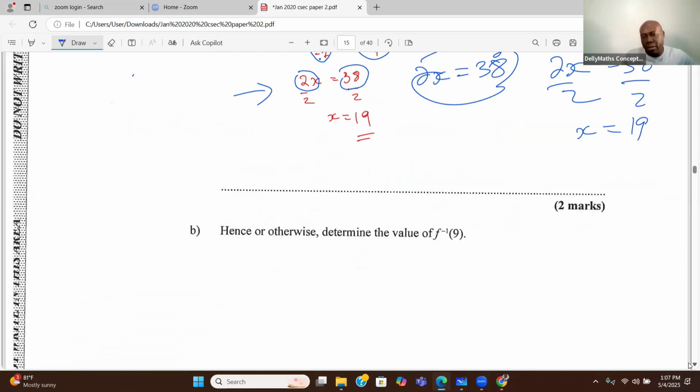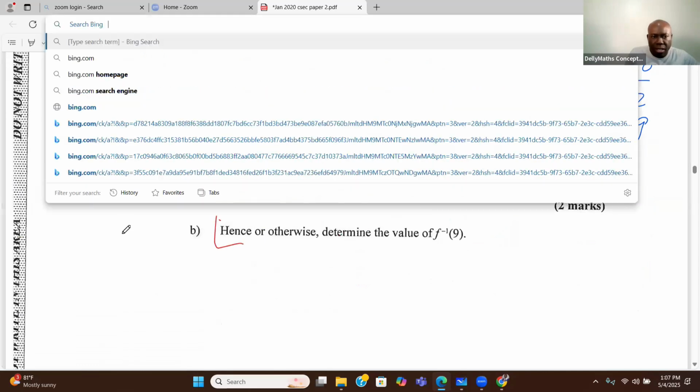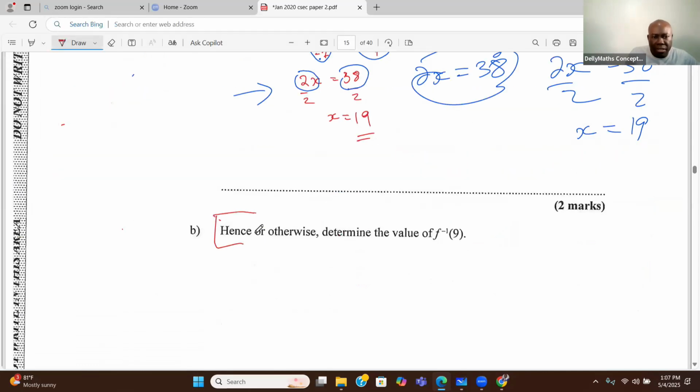Anyways, the next follow-up question says hence or otherwise determine the value of. I'm not going to do this, because I've already said to you, if you have x and you have y, x produces y.